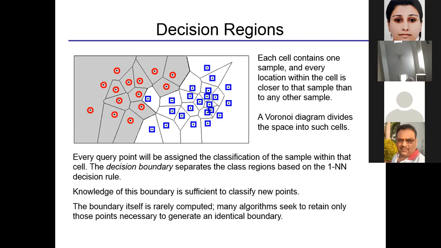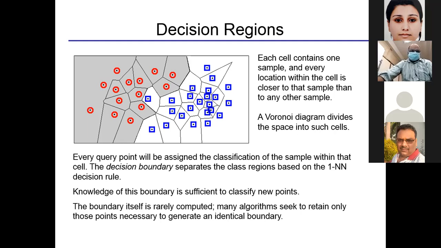So look here, these are your decision regions. If you look at this data, it is clear there are two kinds of classes: the points denoted with red circles, and the points denoted with blue squares. So we can easily identify by eye that this is a two class problem where the data is divided into two different classes. To draw this diagram, we use the Voronoi diagram, which divides the space into a number of cells.